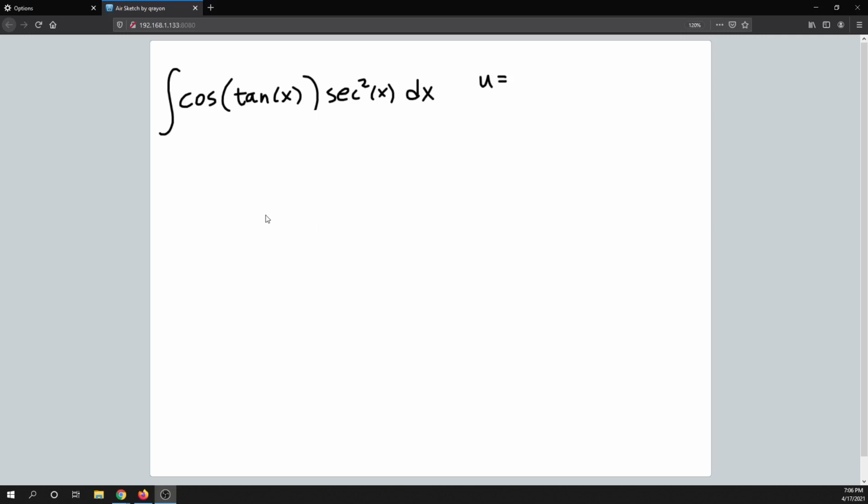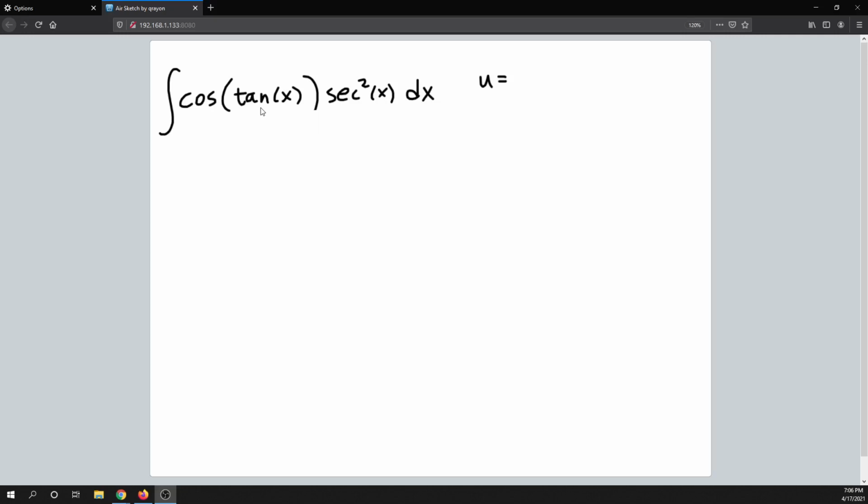Remember, at the top of the list of good choices for u are parts of the expression that appear inside other parts, so talking about composition of functions. Here we can see that this tangent of x appears to be inside this cosine. So that right there says, okay, tan x looks like a possibility for a good choice for u.